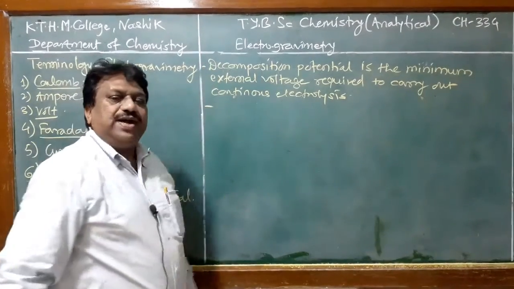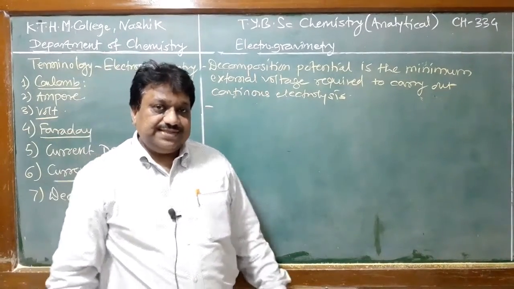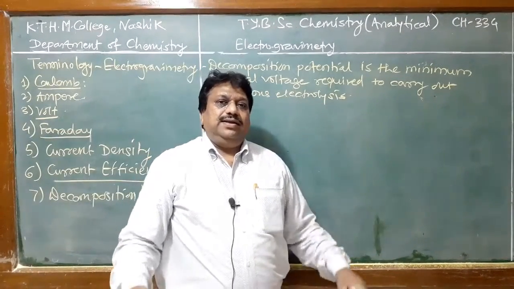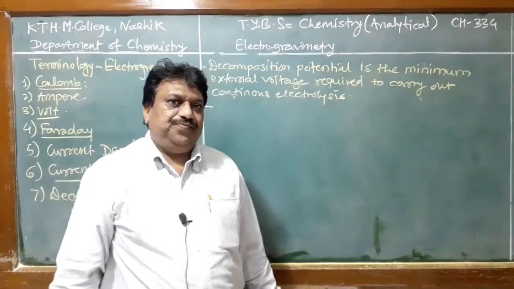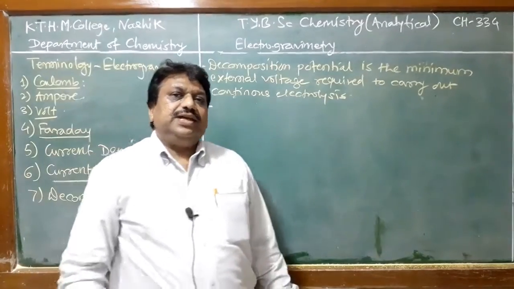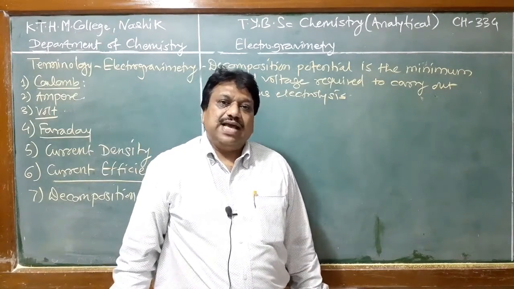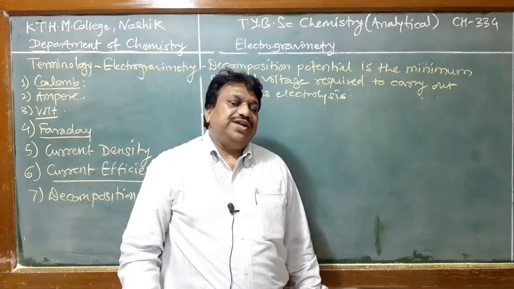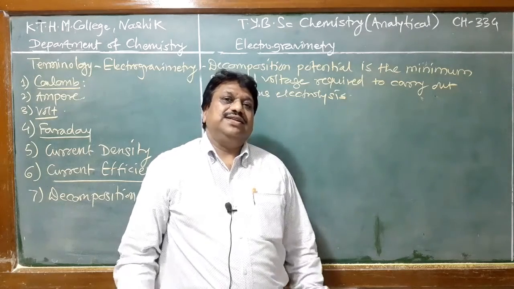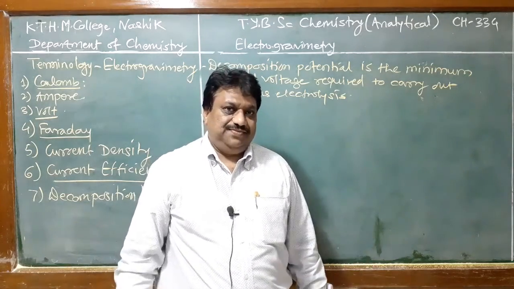Now here in an electrolysis cell, when we have to deposit some analyte, initially the analyte is taken in the electrolysis cell, and the cathode and anode are placed into it. Initially this electrolysis cell has its own potential, called the galvanic cell potential. This galvanic cell potential depends upon the concentration of ions in which the electrodes are placed.